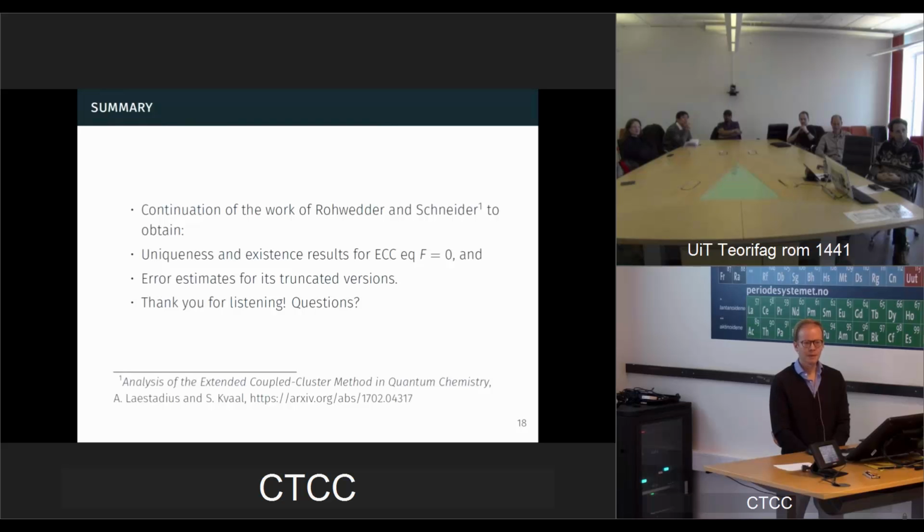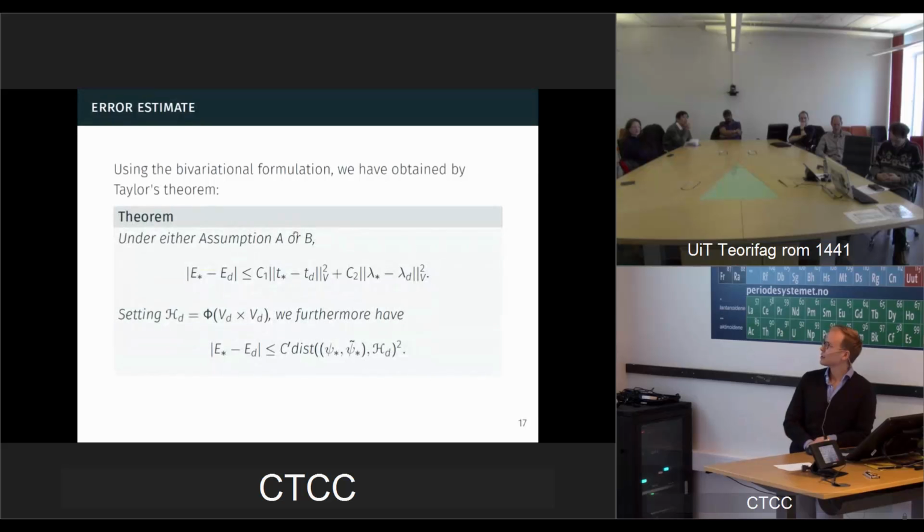On the last slide where you show the error estimates. Yes. So I know the answer, but I think it could be enlightening for the audience. This theorem gives you the existence of an error estimate for the discrete extended coupled cluster ground state energy.